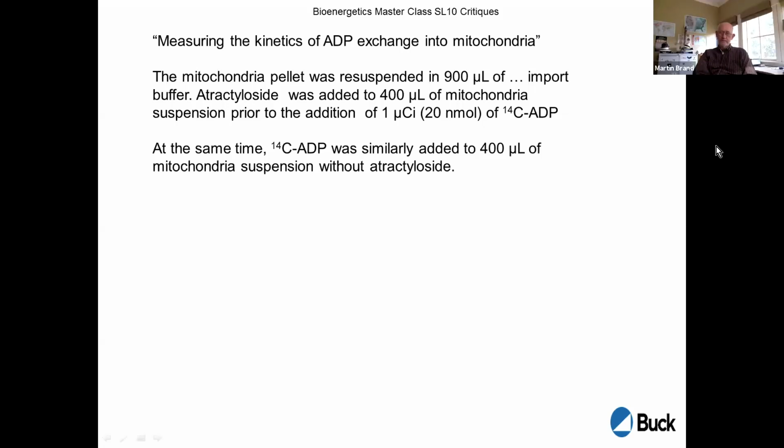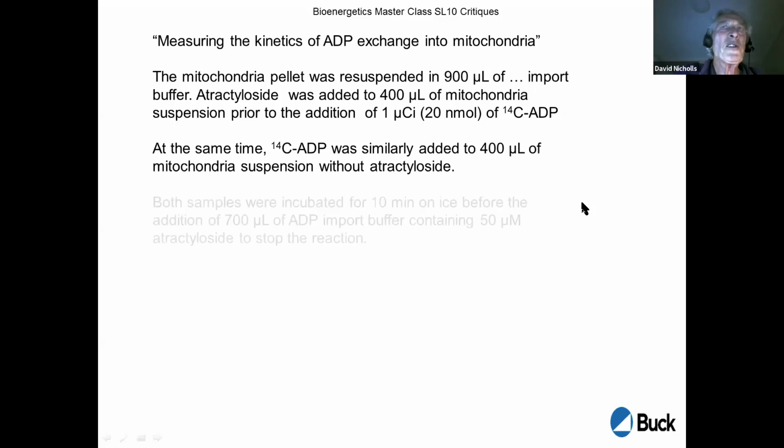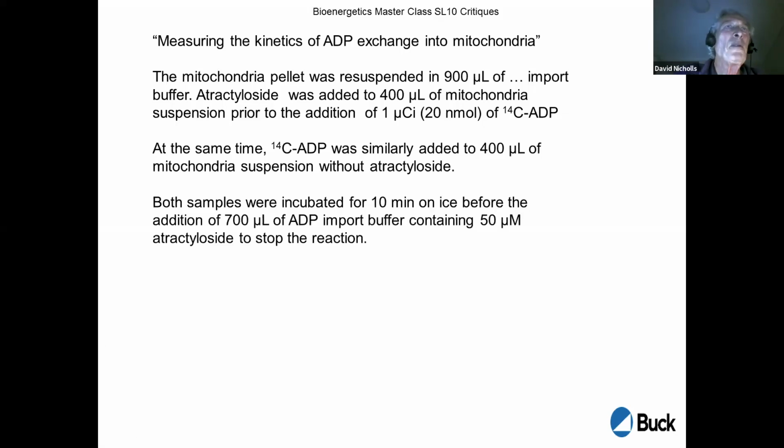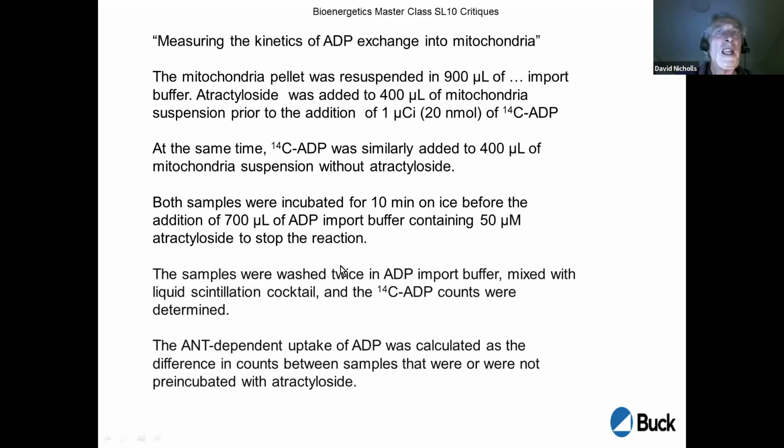And then they incubated both samples for 10 minutes before stopping the reaction, 10 minutes. And then did washing and tried to work out the counts. Now, the problem is that the ADP-ADP exchange is complete within about a second. And we know this because of experiments that the wonderful Martin Klingenberg did, gosh, is that 50 years ago? 50 years ago, he's now 90-something.